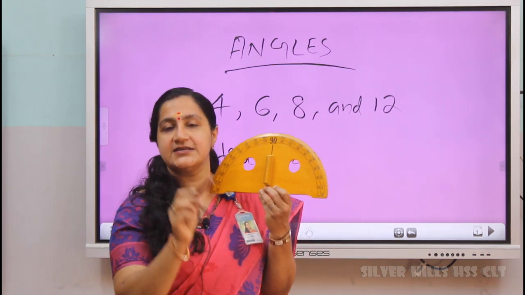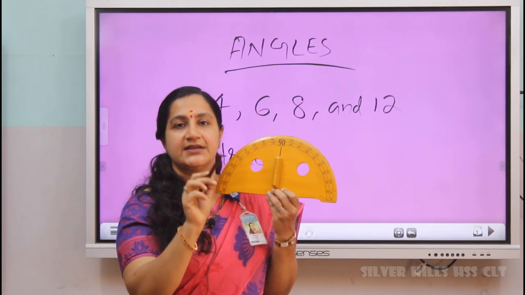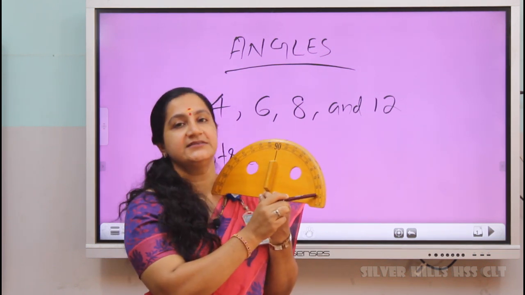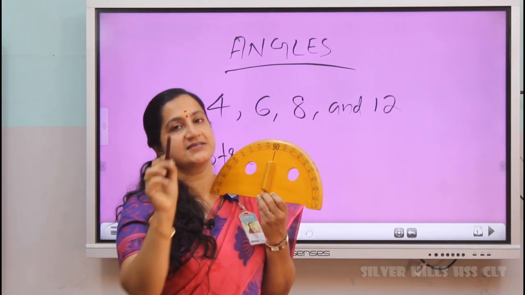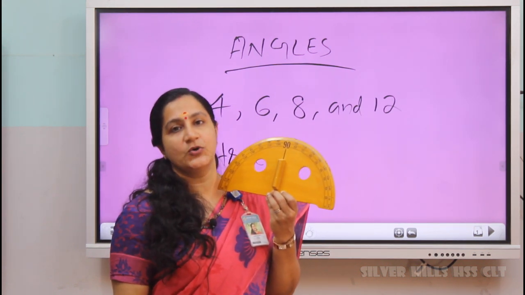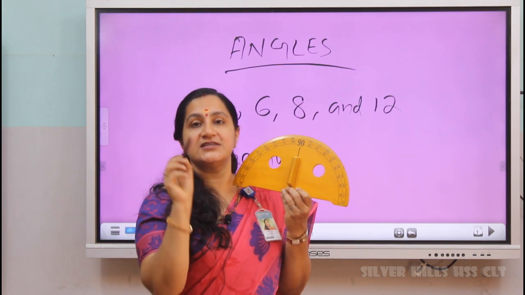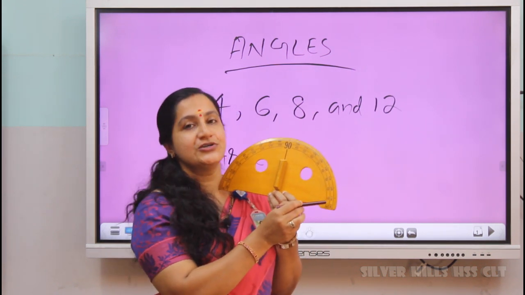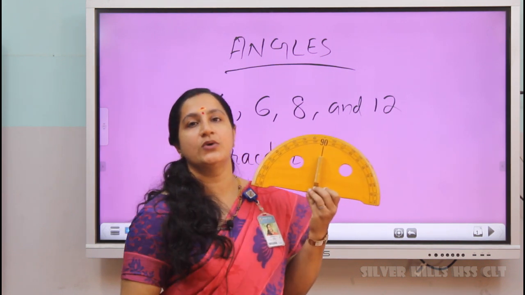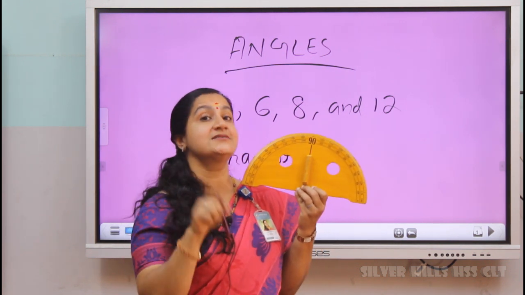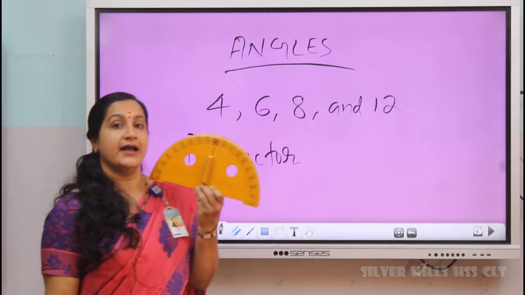Each indicates 1, 2, 3, etc. till 10. In every gap you can see there are such 10 small lines. Each indicates 1 degree, 2 degree, 3 degree, etc. till 180 degree.